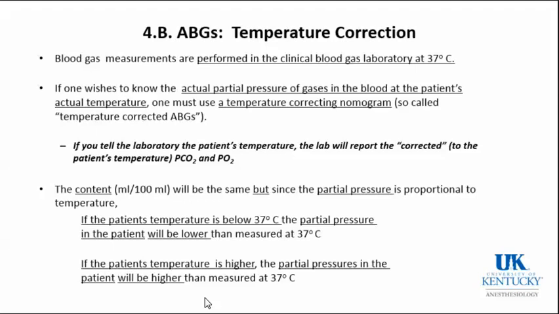If one wishes to know the partial pressure of the gases in the blood in the patient at their temperature, you have to use temperature-corrected gases. These are given by so-called nomograms, and provide you temperature-corrected blood gases. So if you tell the laboratory what the temperature of the patient is, they will send you both the uncorrected and the temperature-corrected gases.